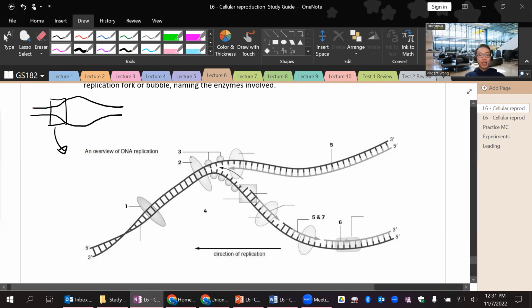So first of all, we have an enzyme right here, number 2. Okay, this enzyme is responsible for unwinding the DNA, creating the replication bubble, and continuing to open up the DNA. That enzyme is helicase.